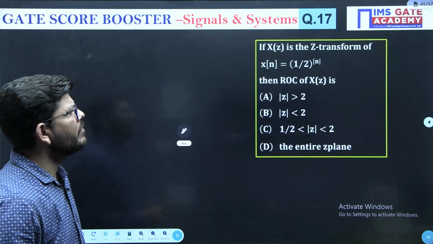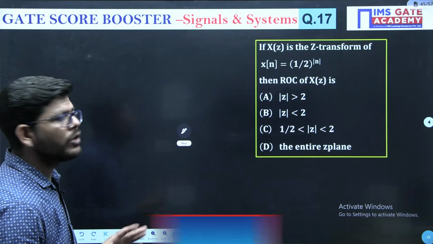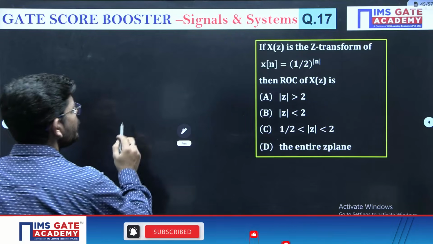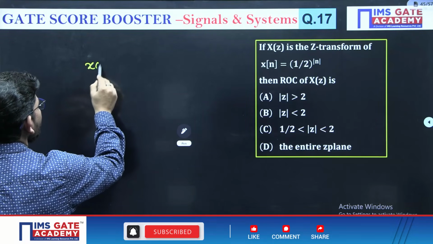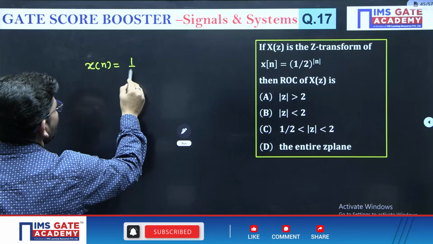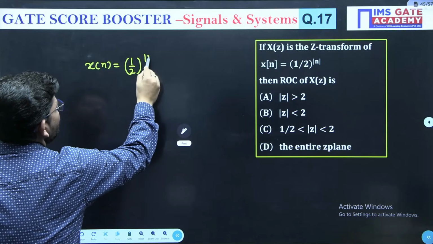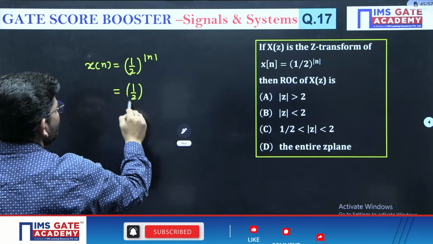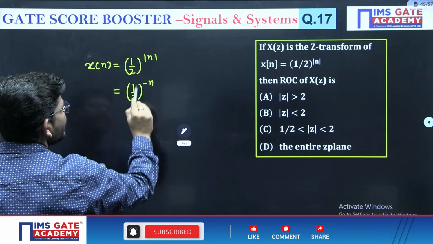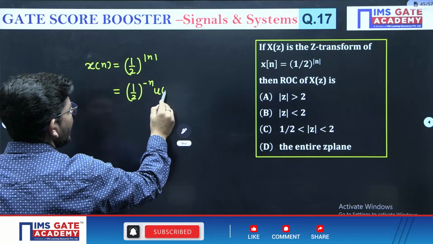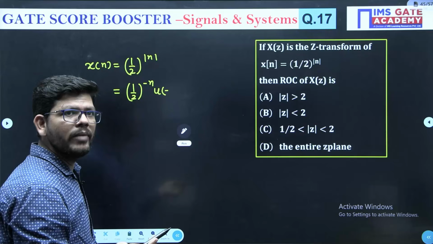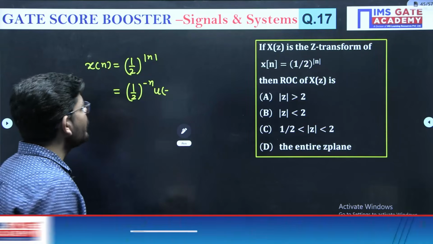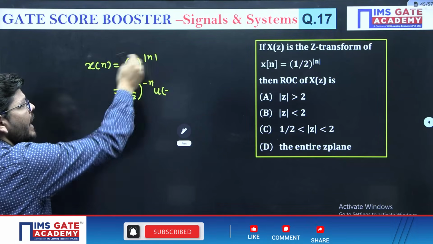If x of n is 1 by 2 to the power modulus of n, then what is going to be the ROC of X of z? You don't have to find the Z transform, right? Whenever we have modulus, what we have to do? Modulus of n will have a value minus n, and it will have the value minus n when the n value is less than 0.